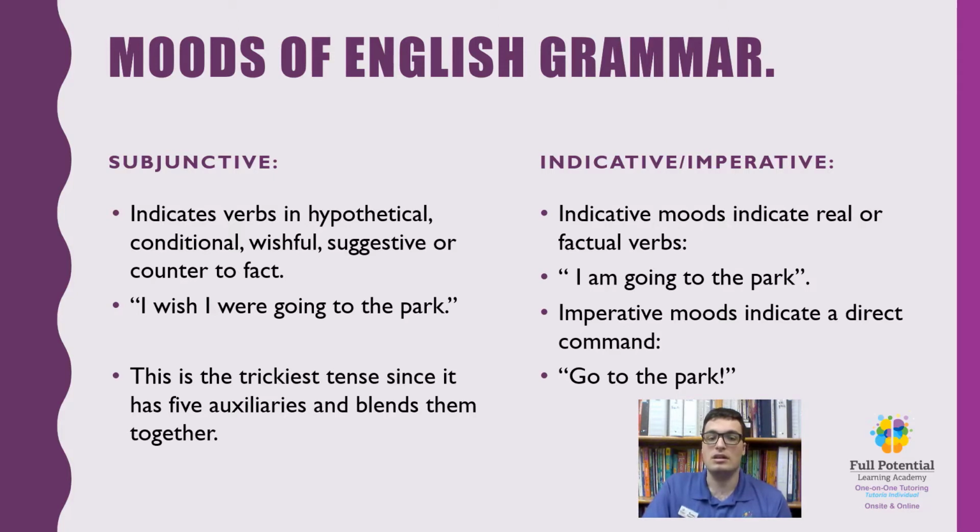And then there's the subjunctive mood, which covers more types of statements in grammar. I wish I were going to the park is simply one of them. The tricky thing about subjunctive mood is that it covers a lot of auxiliaries, which we'll go over in the next slide, and they all blend together seamlessly.